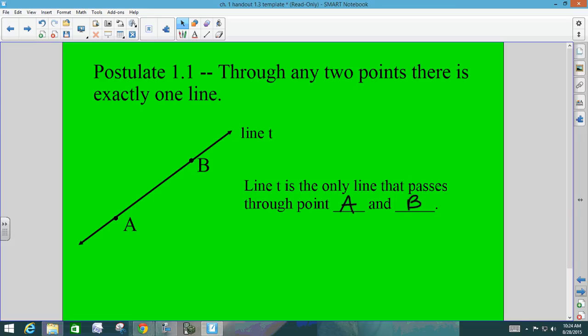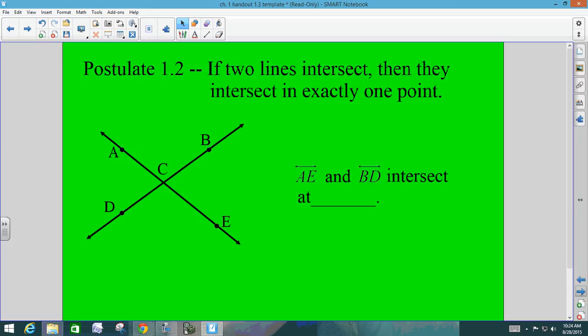All right, second rule, second postulate. If 2 lines intersect, they cross each other, then we call their intersection a point. If 2 lines intersect, they intersect at 1 point. Like right here, line WE and line IE intersect at point E. They're not going to touch each other any other time. They're only going to touch each other once. 2 lines, if they intersect, will intersect in a point.